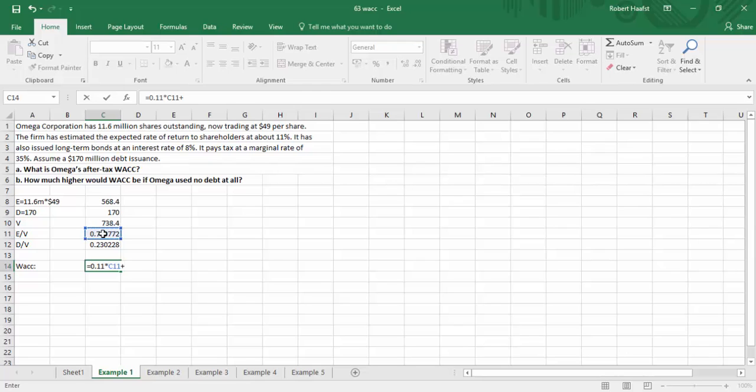Then we add the cost of debt, which is mentioned here, 8%. We multiply it by the debt to value ratio, and we multiply it by the tax shield, which is 1 minus 35%.